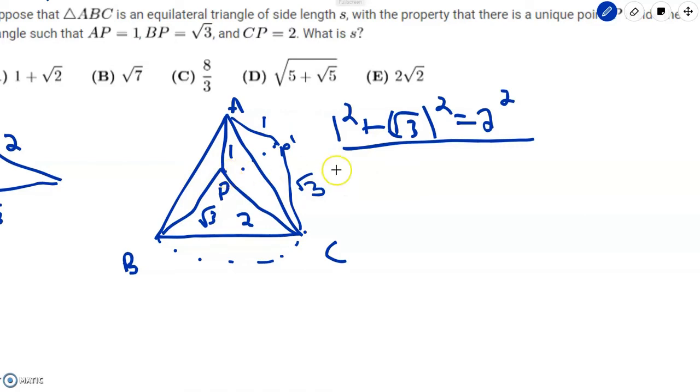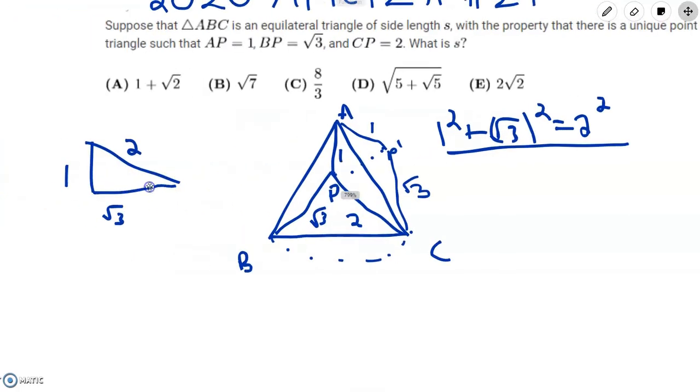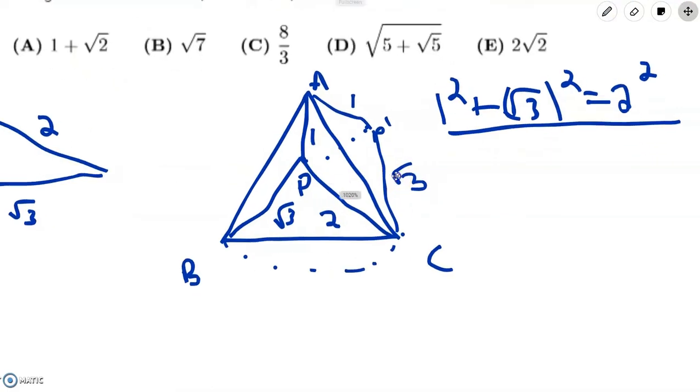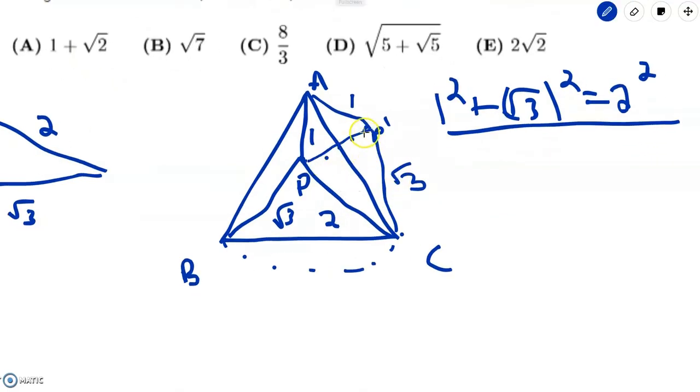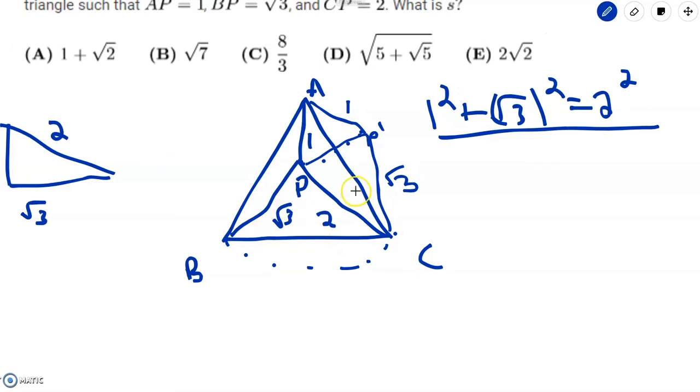Now since we have a root 3, 1, 2 over here, let's see what happens if we join PP prime. If it's equal to 1, then that's very good for us, because then it's a right angle. Notice that angle BAP plus angle PAC is equal to 60 degrees. Since BAP got rotated 60 degrees counterclockwise, angle CAP prime is equal to angle BAP.